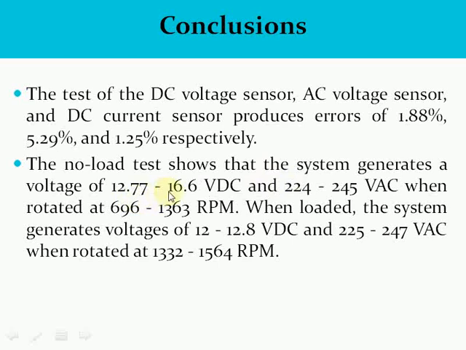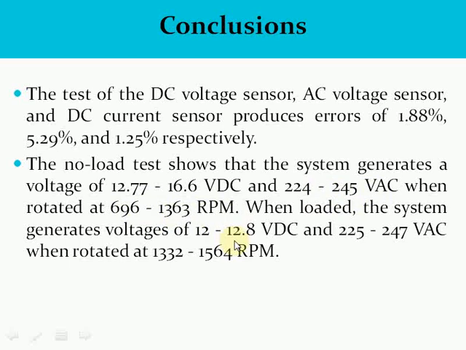The no-load test shows that the system generated 12.77 to 16.6 volts DC and 224 to 245 volts AC when rotated at 696 to 1363 RPM.